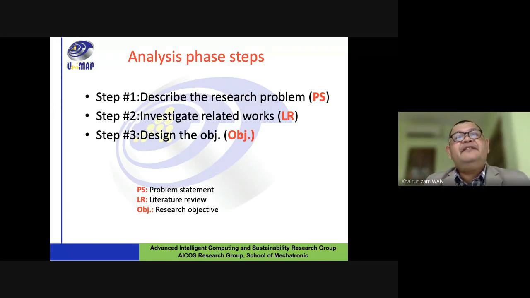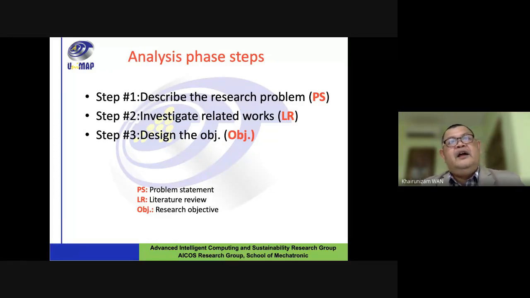The analysis phase has 3 steps. Step 1 is to describe the research problem. Step 2 is to investigate the related works. Step 3 is to design the objective. These are the 3 steps that you need to do, and this is very important for you to produce a good research proposal.